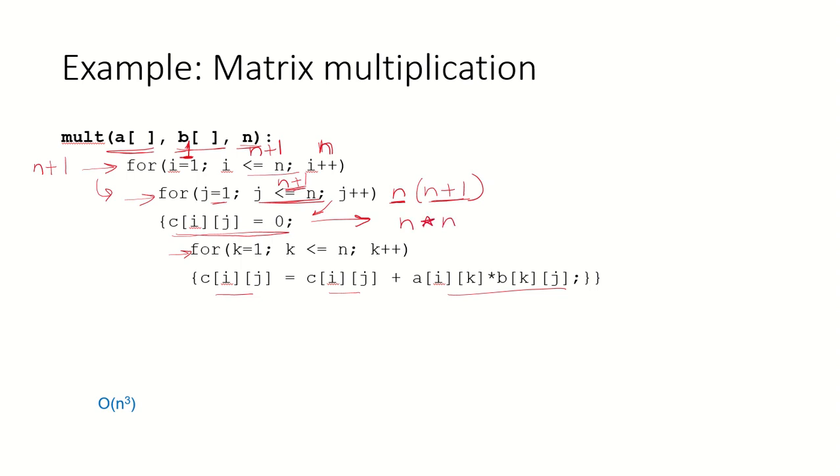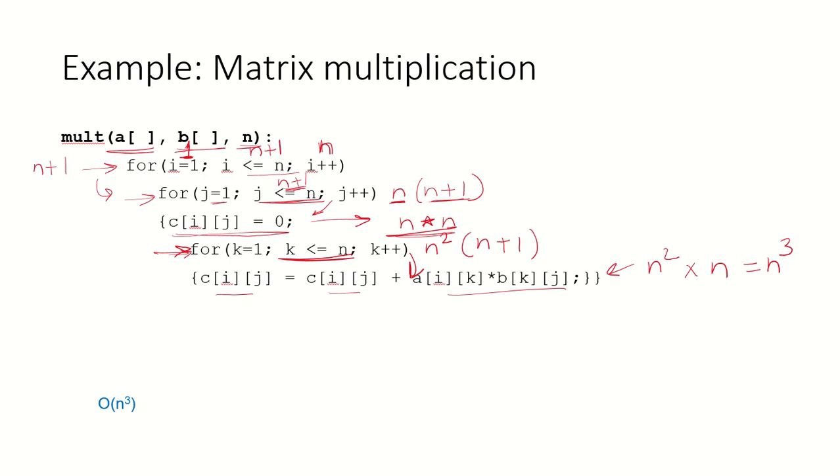Now for the k loop, this would be n square into n plus 1 times, because this comparison is going to happen n times for each value of i and j. And the statement computing Cij would happen only n square into n times, because within the loop it goes only n times. So this makes it n cube.